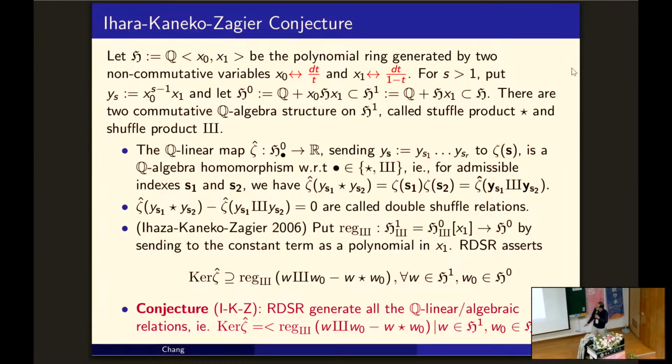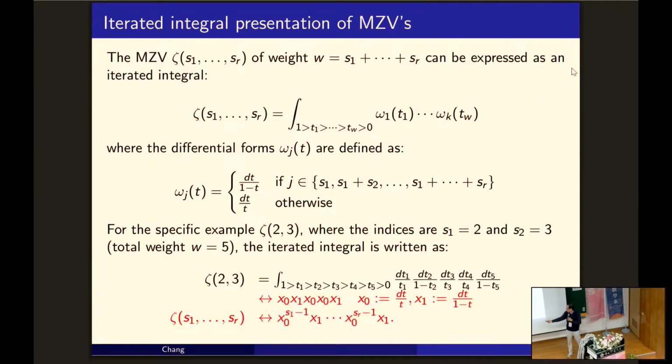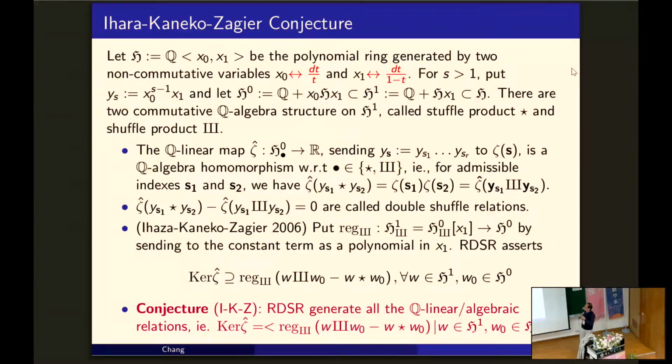And we consider y_s to be x0 raised to the s minus 1 times x1. Remember that zeta(s1,...,sr) corresponds to this kind of words, and here I use y_s to be this. Anyway, we can define a subspace H0 and a subspace H1 to be of this form, and H is the biggest algebra.